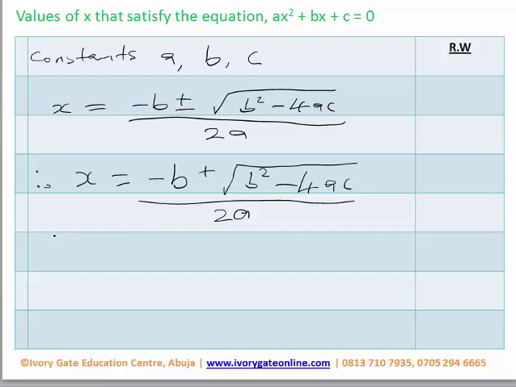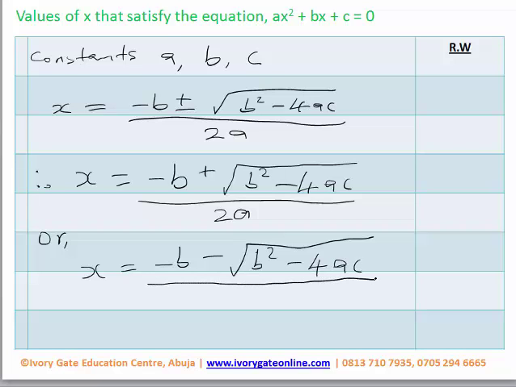Or x is equal to minus b minus square root of b squared minus 4ac all over 2a. So these are the values of x that satisfy the equation ax squared plus bx plus c is equal to 0.